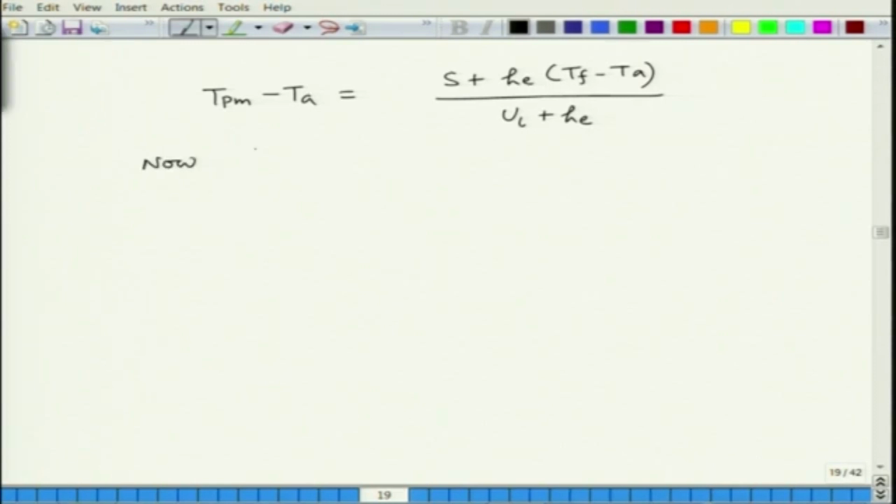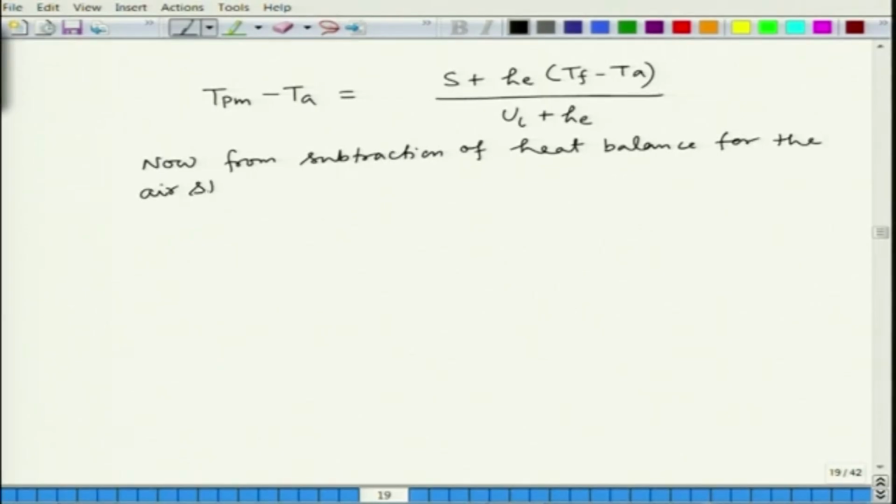Now, what we can do is the subtraction of the heat balance for the air stream from the heat balance of the absorber plate, with all these different manipulations that we have done. What do we get?